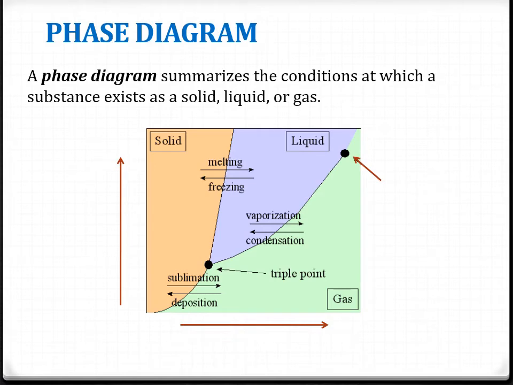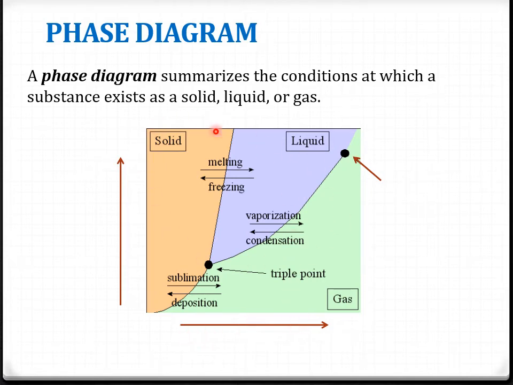This is an example of a phase diagram. In this phase diagram, we can see that it summarizes the conditions at which a substance exists as a solid, liquid, or gas. The phase diagram can be plotted as pressure versus temperature.